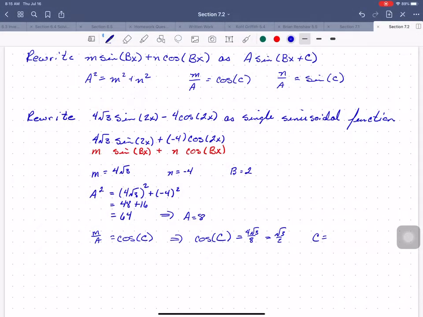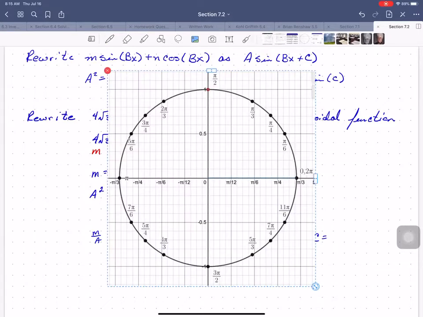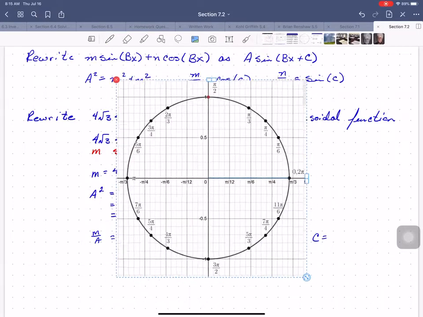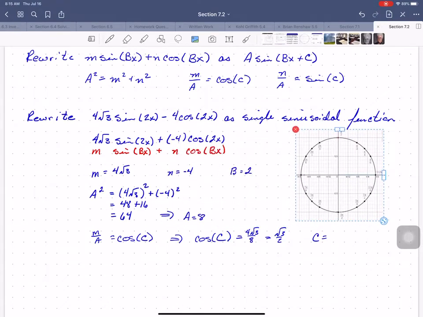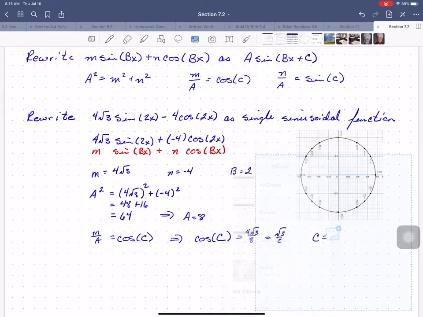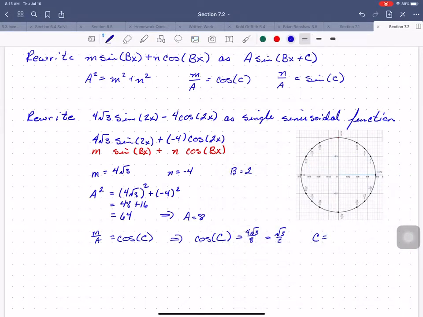Need my unit circle. Pi over 6. But we need to be a little careful, because pi over 6 is the first quadrant angle that has a cosine of root 3 over 2. There's a fourth quadrant angle that has a cosine of root 3 over 2, and that is 11 pi over 6.